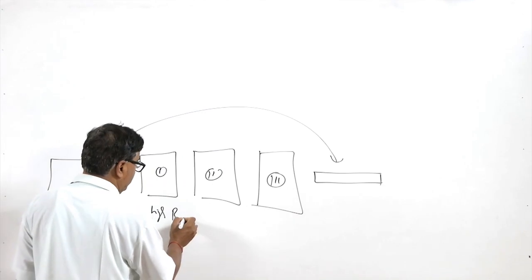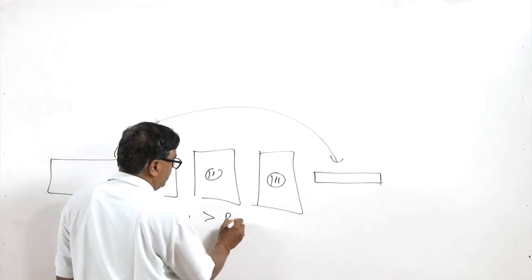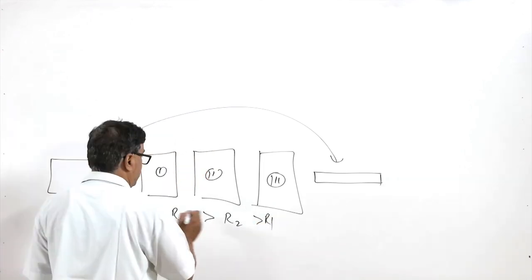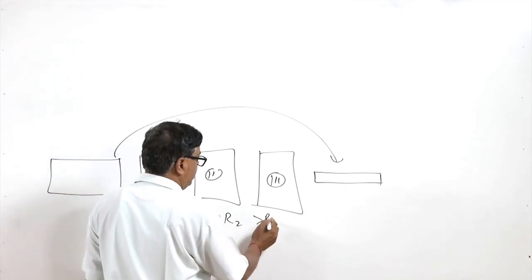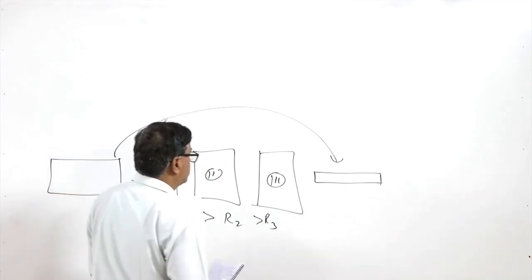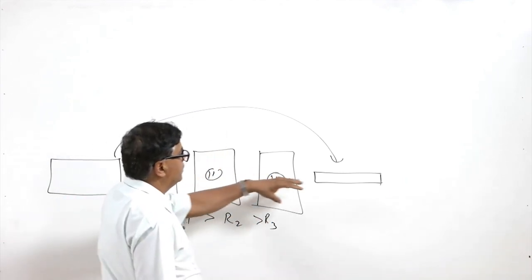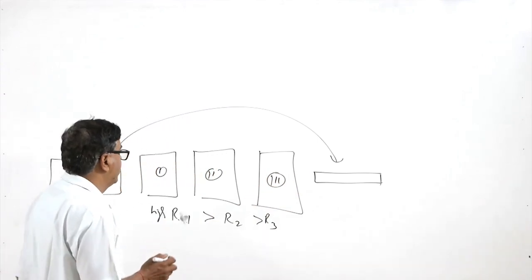So R1 will be greater than R2, and R2 will be greater than R3. Decreasing reduction percentages are used because in this course the metal will be work hardened.